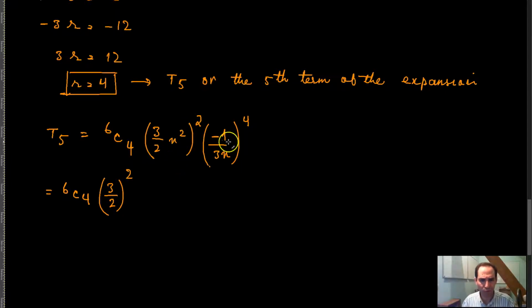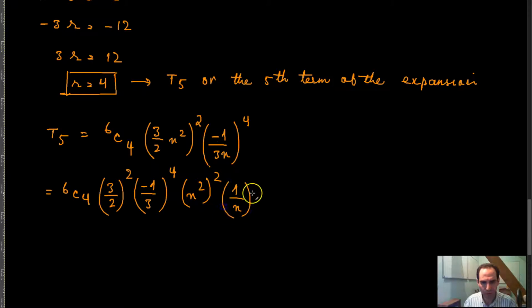negative 1/3 raised to the power 4, and then you have x squared raised to the power 2, 1 over x raised to the power 4, which is equal to 6 combination 4.